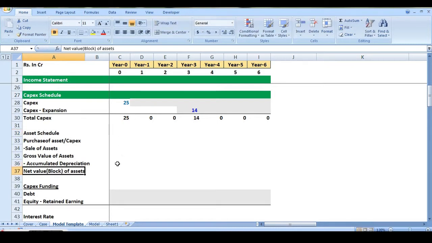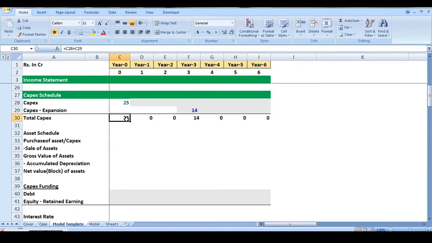Now in this particular case, the gross value of assets or net value of assets in year 0, as we have to consider the values in year 0 as end of period values, will be 25. But always remember, do not type the values, always link the values with the values provided to you.